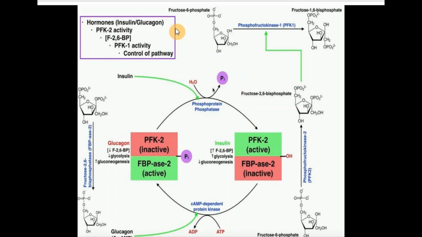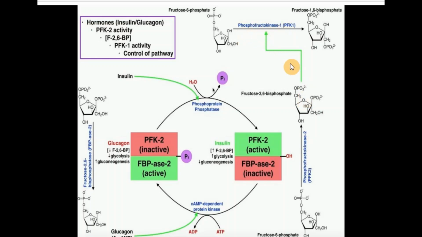Here we have fructose 6 phosphate, which is converted to fructose 1,6 bisphosphate by phosphofructokinase 1 in glycolysis. When we have fructose 6 phosphate, it can be acted on by both PFK2 and PFK1. Now, PFK2 converts the fructose 6 phosphate to fructose 2,6 bisphosphate, which goes and activates what?